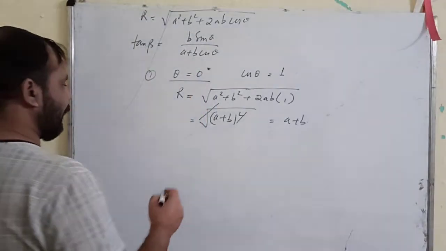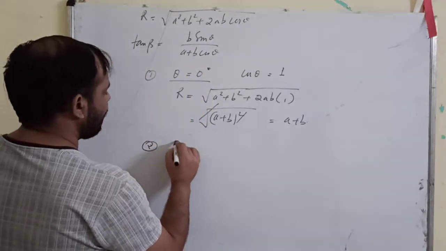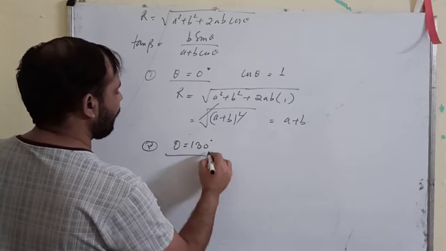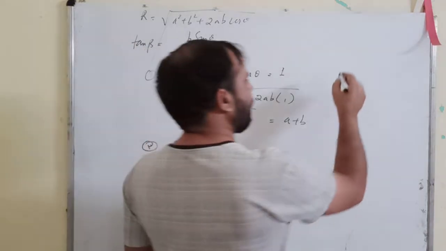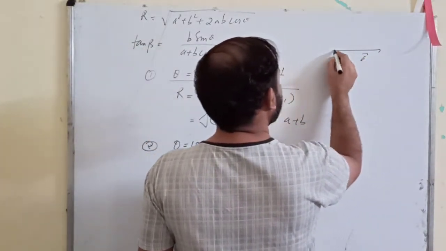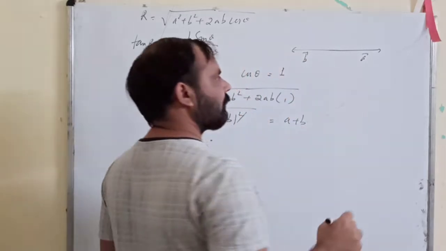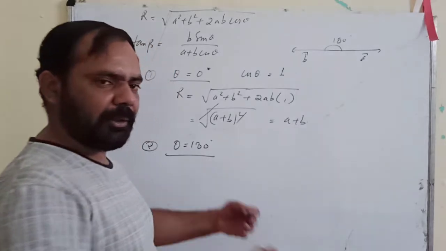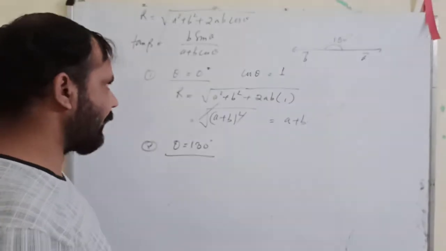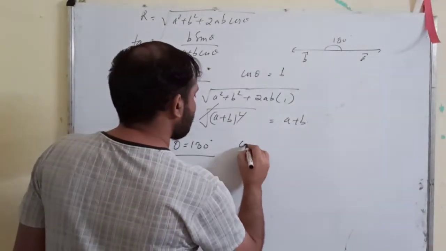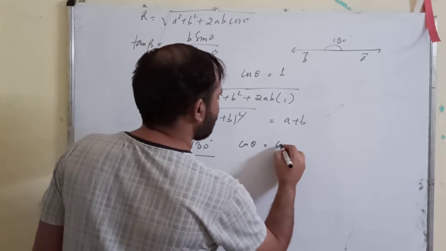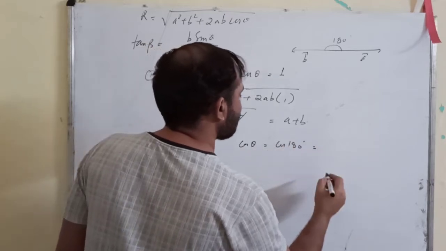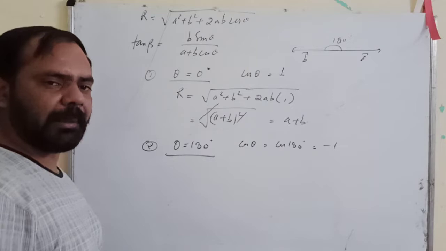Then second, suppose theta equals 180 degree. 180 degree means if one vector is along this direction, the other vector is opposite to it. So the angle between them is 180. Now if you have vectors in opposite directions, then cos theta equals cos 180, which is minus 1.